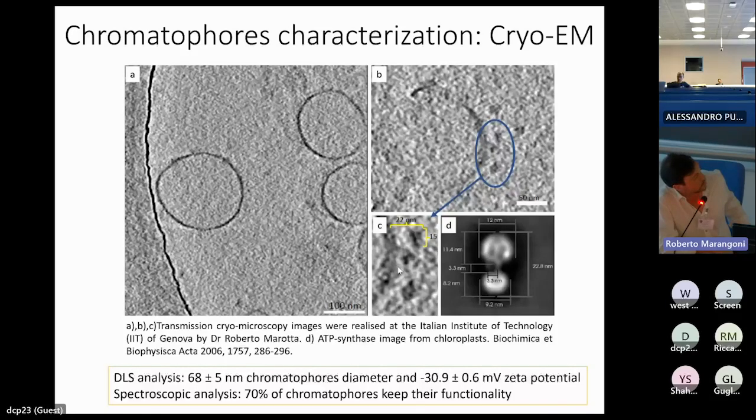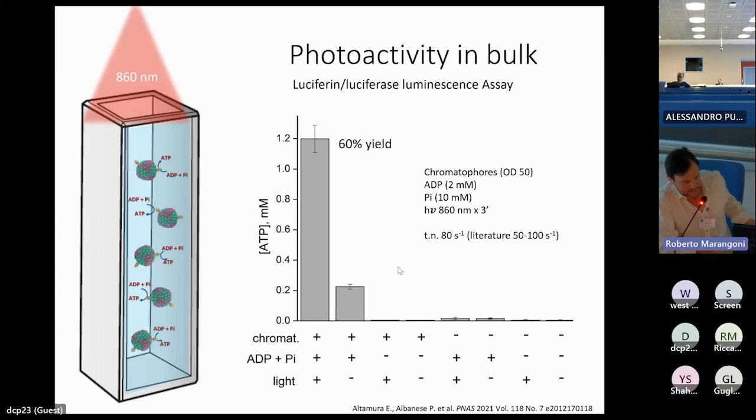So in principle, we were able to extract these organelles, and we also tested the activity of these organelles, whether under irradiation they can produce ATP in the presence of ADP and phosphate. We used the luciferase assay, and we found that under 3 minutes of irradiation, we get 60% yield of conversion of ADP into ATP.